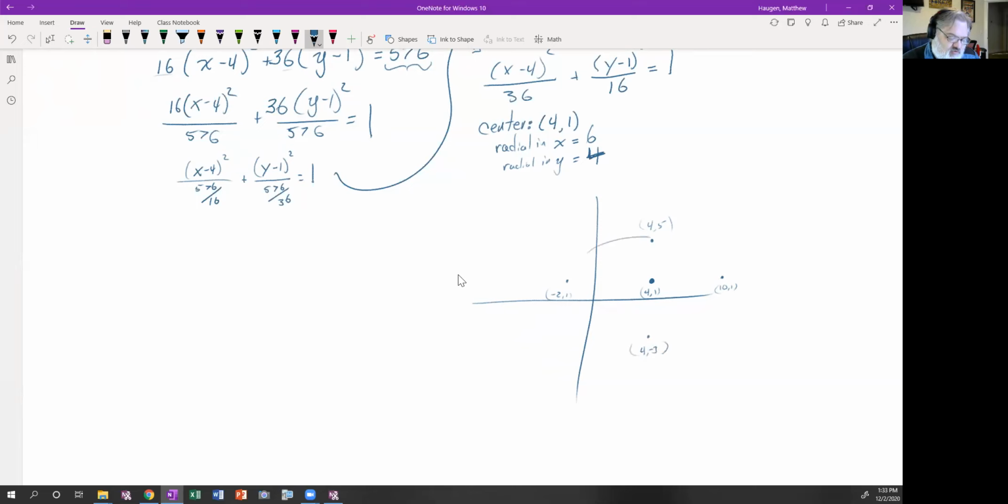And our ellipse would live there. Very rough drawing of an ellipse, but ellipse. Fair?